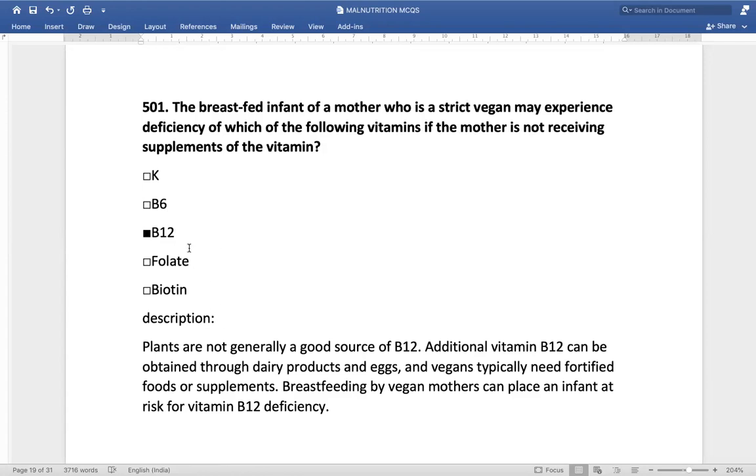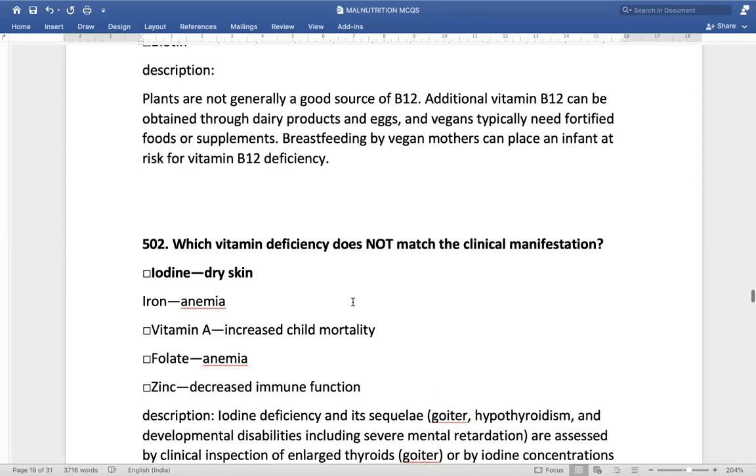So plant sources are not a good source of vitamin B12. Although vitamin B12 can be present in dairy products and eggs, vegans are not taking even the dairy products and eggs. So strictly vegan diet means they are not even eating the dairy products and eggs. So that's why the infants of these mothers are prone to vitamin B12 deficiency.